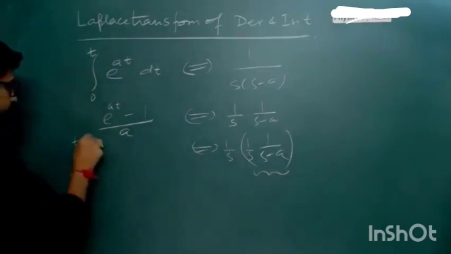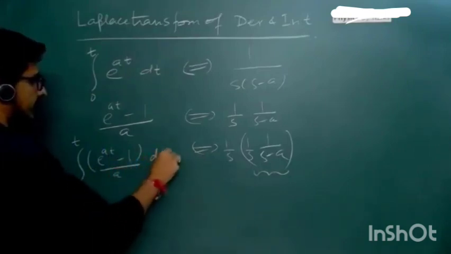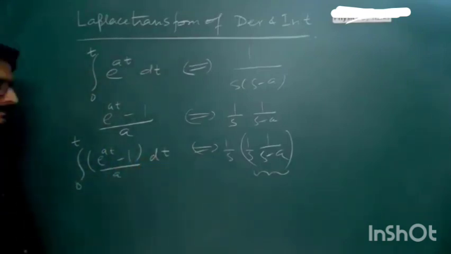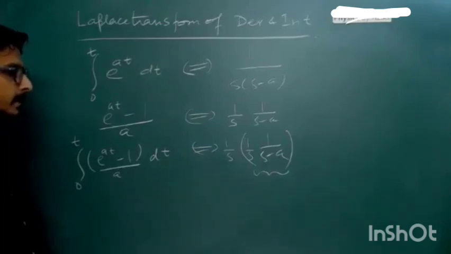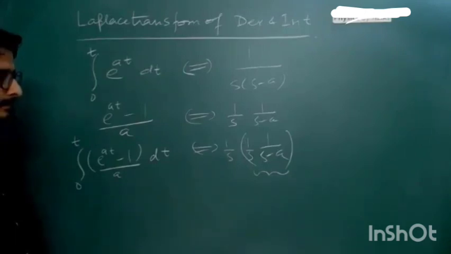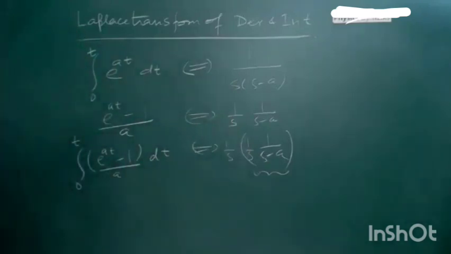Integral from 0 to t of (e to the power at minus 1) by a, dt. Again. Did you understand or not? Yes, sir. What about others? Yes, sir. So if it is s square in the denominator, that means you have to apply the integral property twice. So I hope you are able to understand such questions.